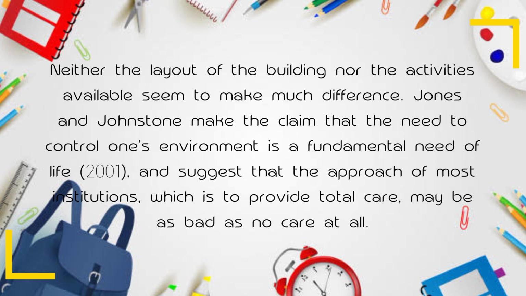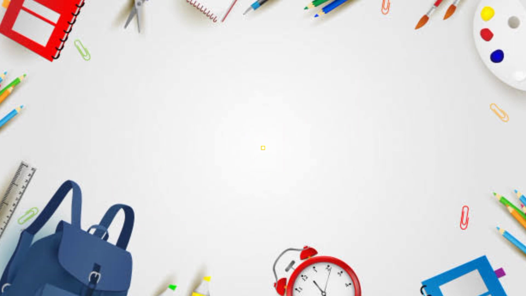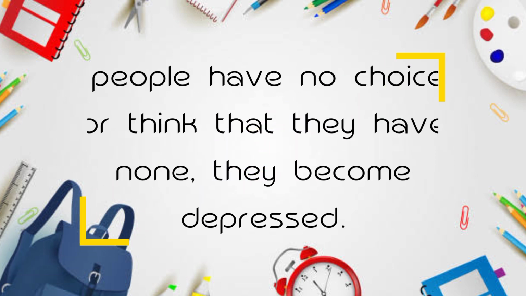Jones and Johnstone make the claim that the need to control one's environment is a fundamental need of life, 2001, and suggest that the approach of most institutions, which is to provide total care, may be as bad as no care at all. If people have no choices or think that they have none, they become depressed.